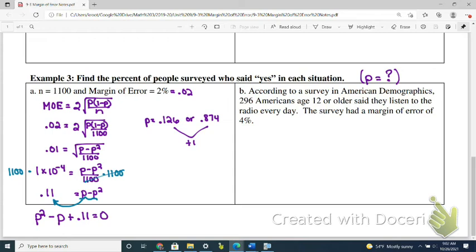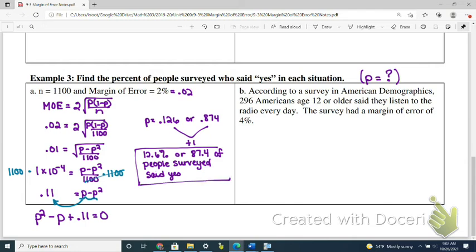So to write my answer, I'm going to say 12.6% or 87.4% of people surveyed said yes. Again, I don't know which way the yes is, so I have to include both of them in my answer.